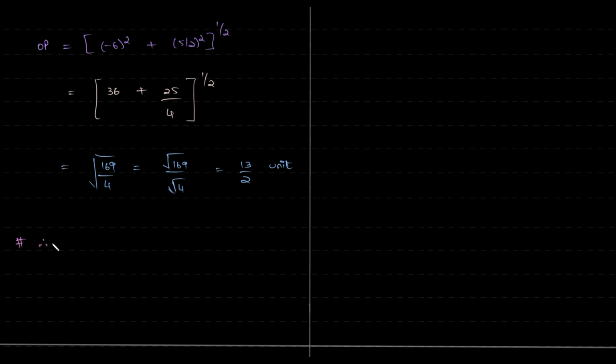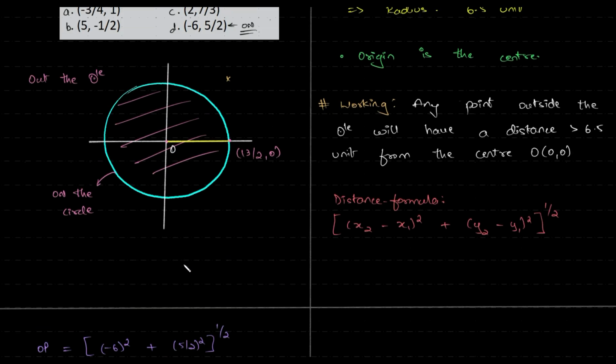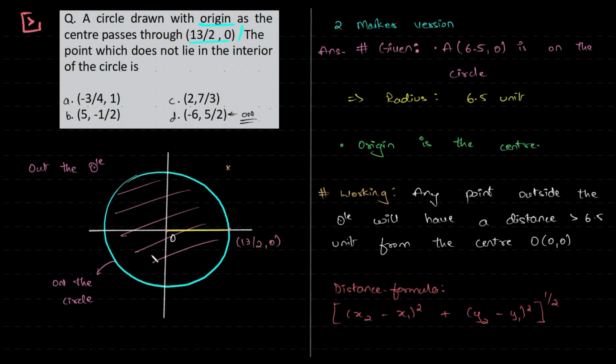Therefore, point P, which is minus 6 comma 5 by 2, is a point on the circle, not the interior. That's what I was thinking. All of these values are pretty small. Anyway, it's a good question. I learned something: not to jump to conclusions. I thought this would be outside, but this is on.